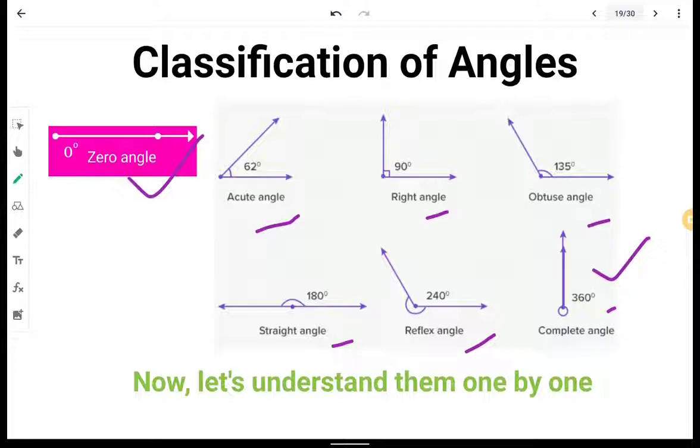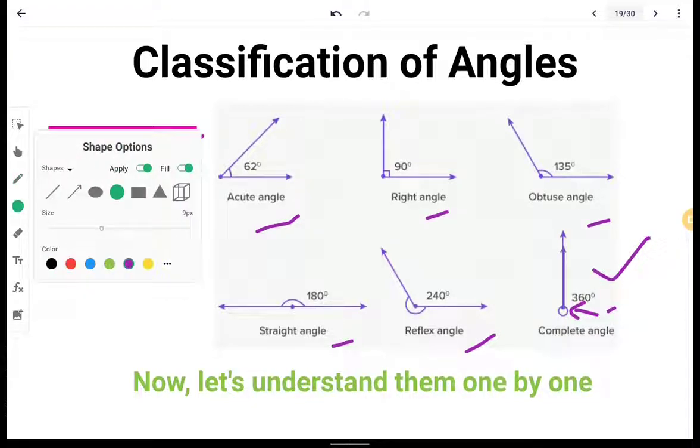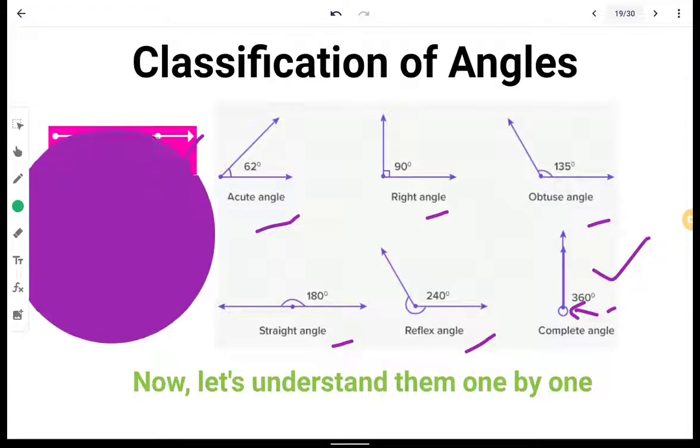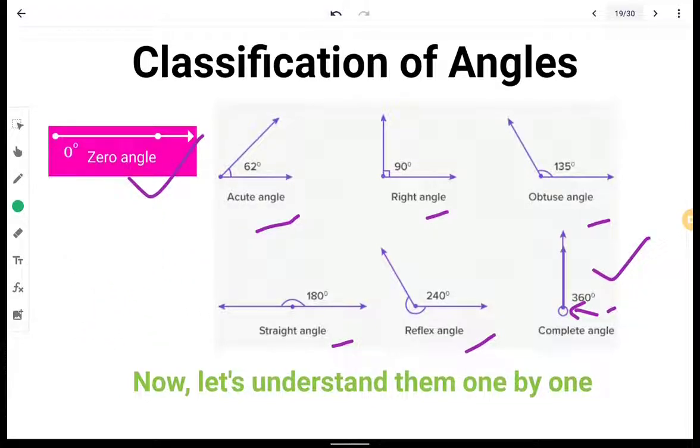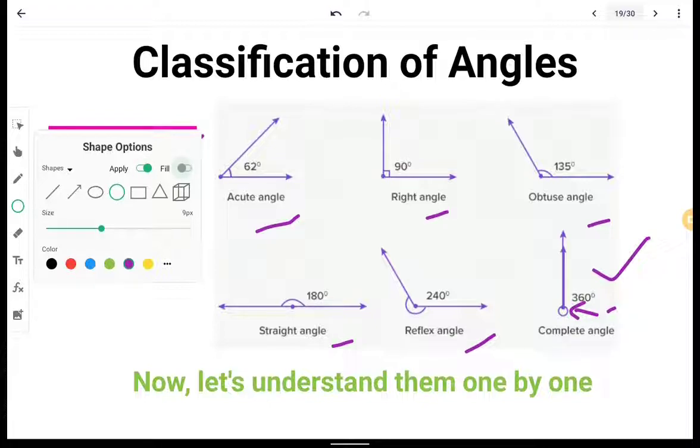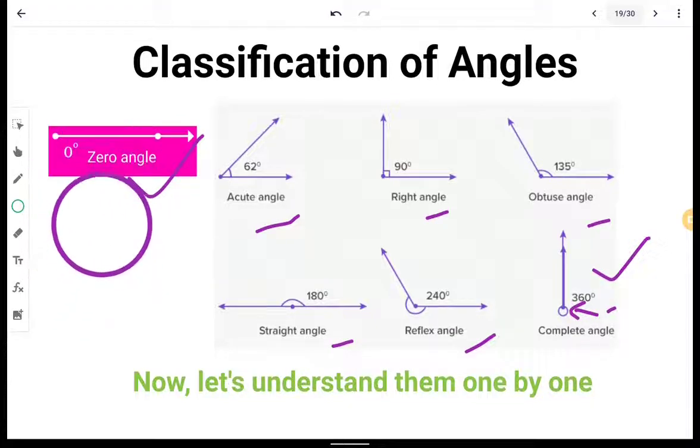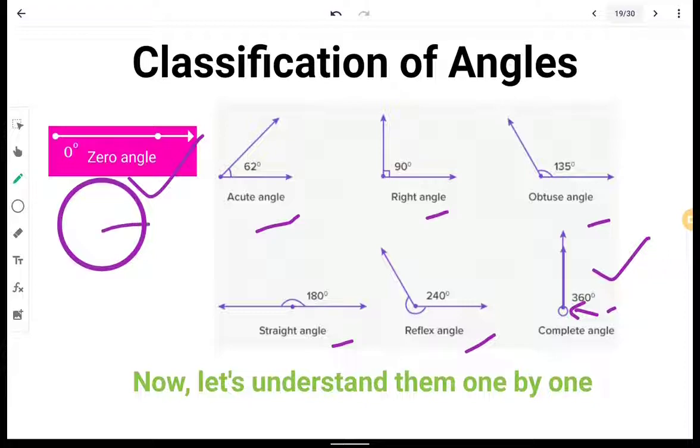As you can see, in the complete angle there is a little circle over here, which represents that it has rotated the whole way. Let me make you understand. Let me quickly draw a circle. I draw a circle, and this circle has a radius, obviously, and a diameter.